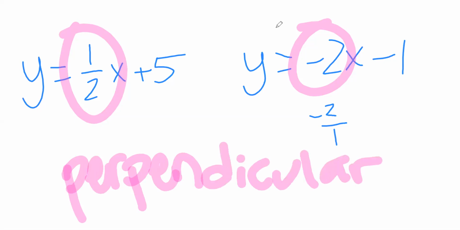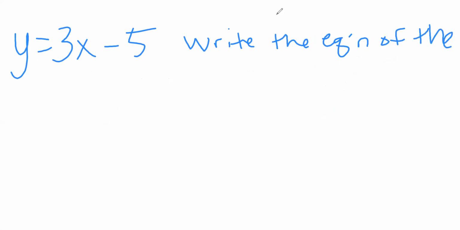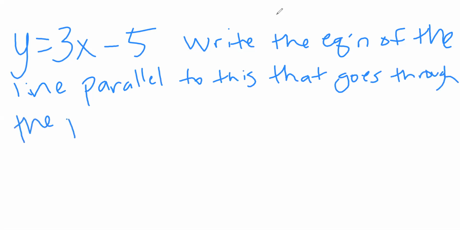The last thing that you would do with equations like this is, let's say that you are given an equation, like I give you the equation y is equal to 3x minus 5, and I say write the equation of the line parallel to this that goes through the point, and then we can pick any point we want, like 2, -1.